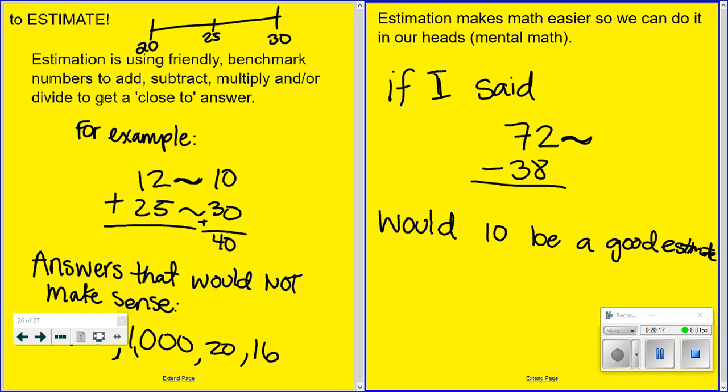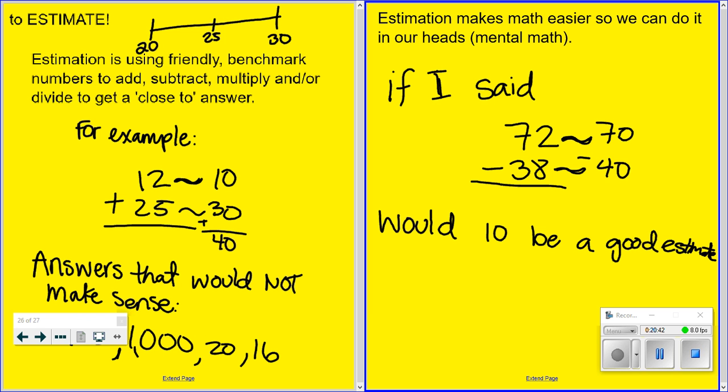Is it closer to 80 or is it going to be closer to 70? 70. Remember, we're skip counting. Closer to 70. Okay. What about 38? Liam, what's 38 close to? 40.